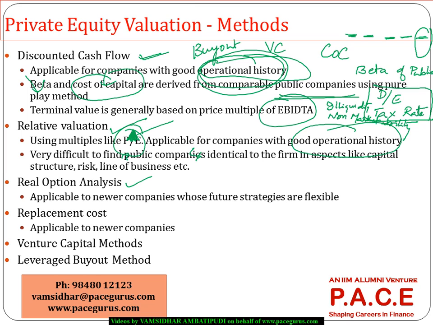The other thing is a replacement cost, generally applicable to the newer companies itself, because existing companies which have a considerable amount of assets which are productive kind of assets, it is better to use either a discounted cash flow method or relative valuation model rather than using a replacement cost. So generally we see this kind of a mechanism being used for very new kind of companies.